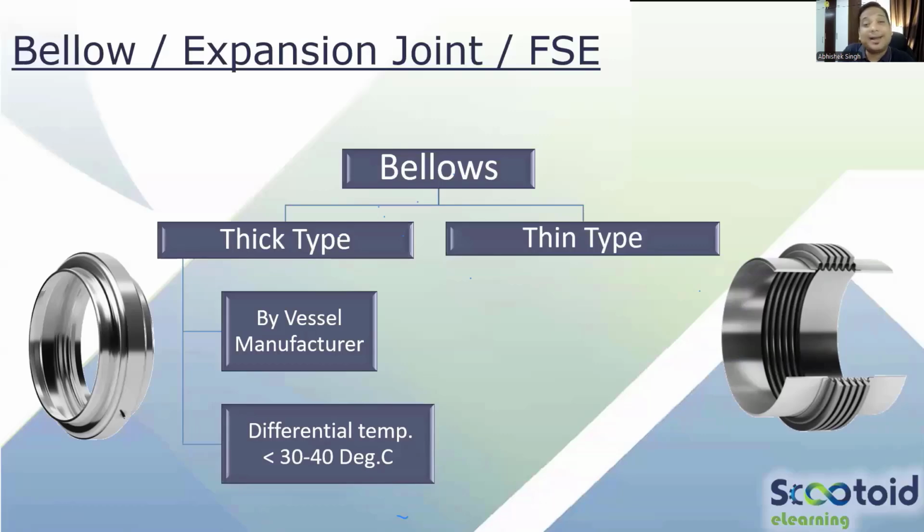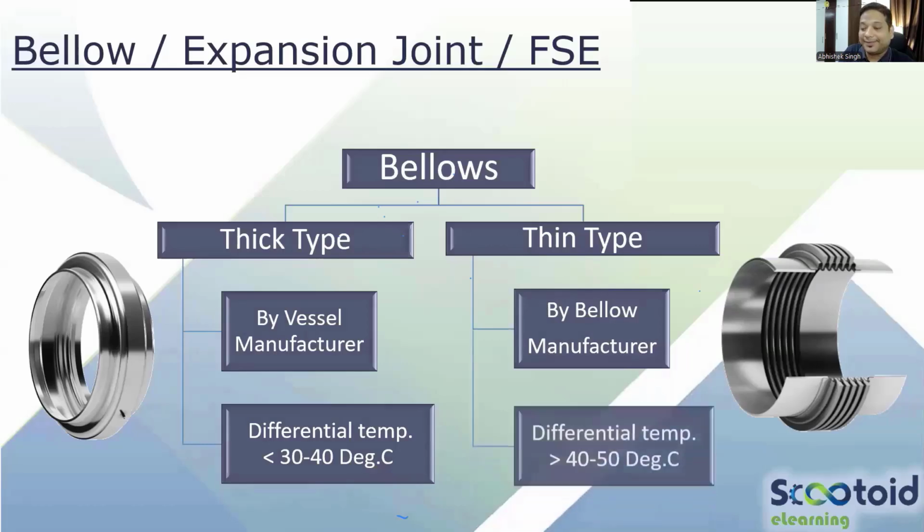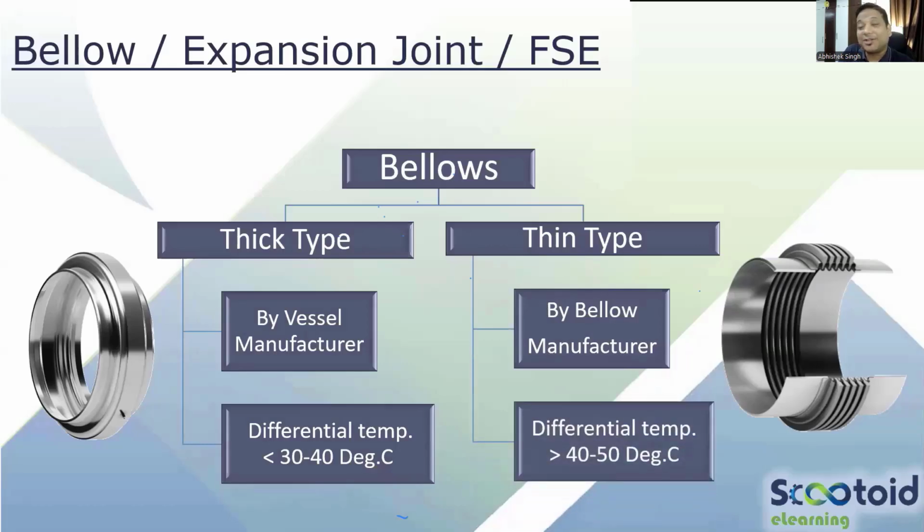It's covered in Appendix 26, and then there is 4.19, which talks about thin bellow design. Which method to be preferred, referred to and used, that we'll see. So thin bellows are basically manufactured by a bellows manufacturer, not by the vessel manufacturer. Remember that.